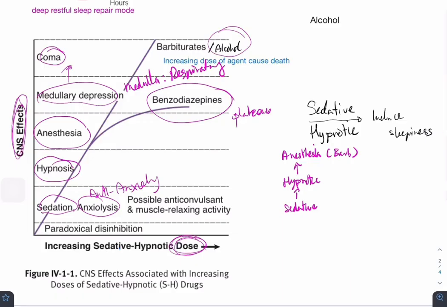But if you overdose on alcohol, you can pass out. So the question is, do you pass out first and stop taking alcohol, or do you just completely pass out due to the effect of it? So they are up there and they are very dangerous.